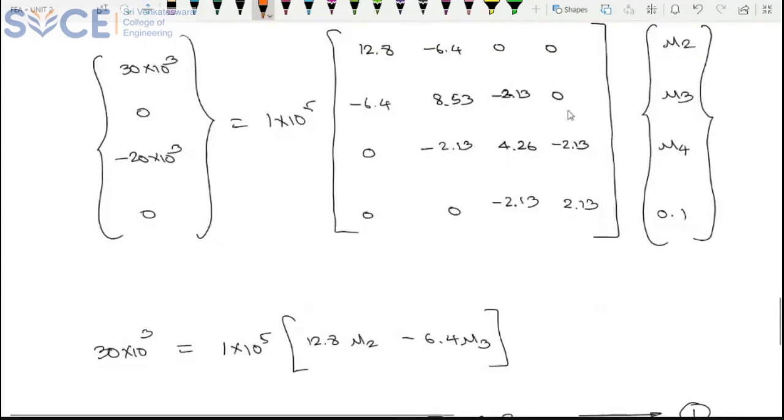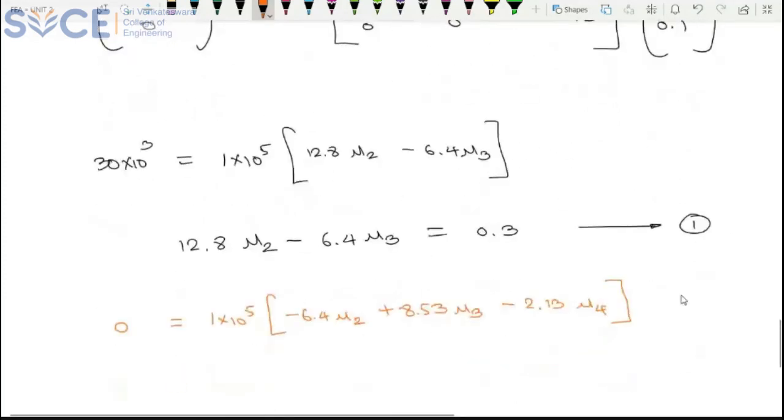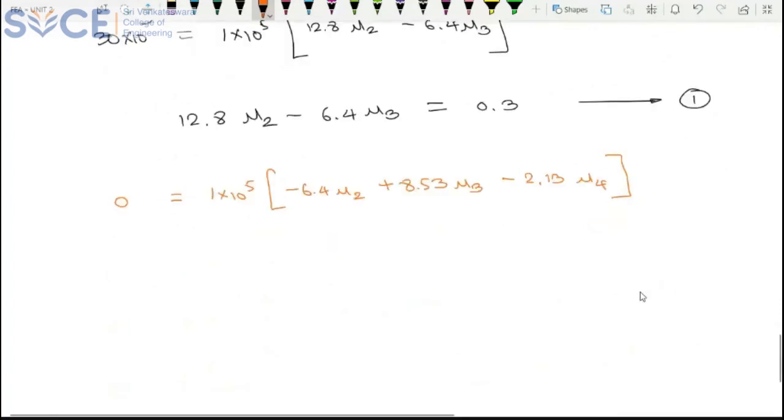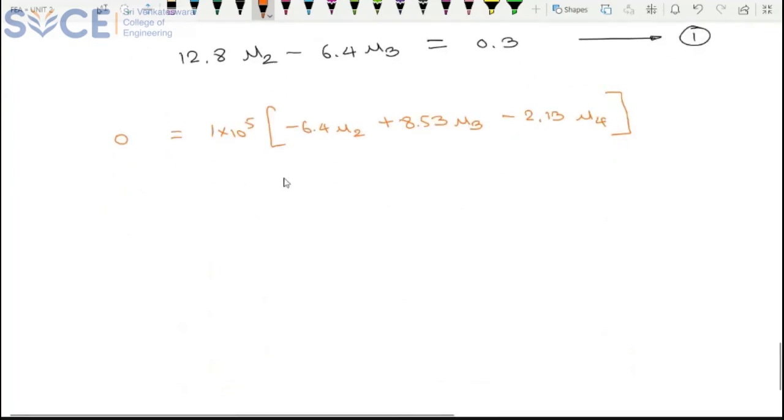The 0 into 0.1 is 0, so we leave it. This is my second term, which means I can write minus 6.4 U2 plus 8.53 U3 minus 2.13 U4 is equal to 0. This is my equation number 2.